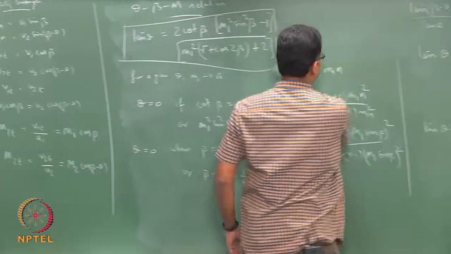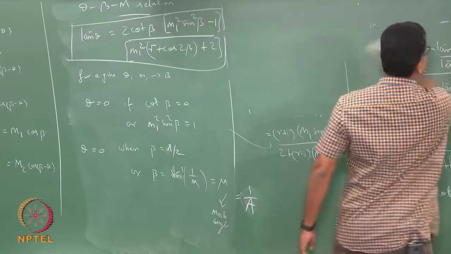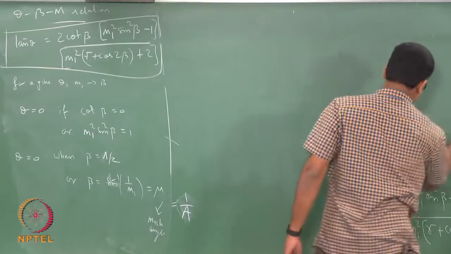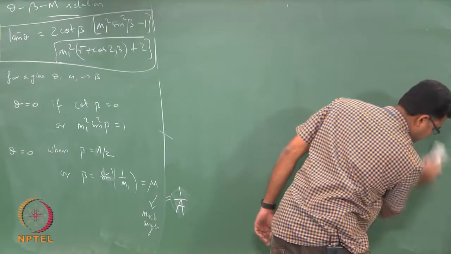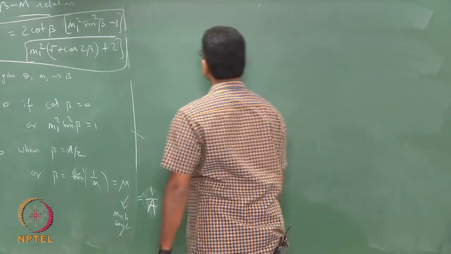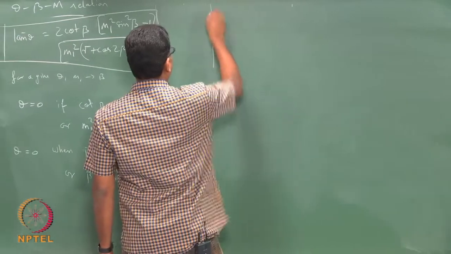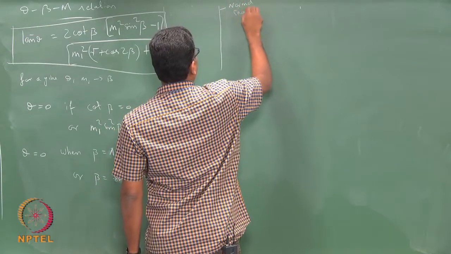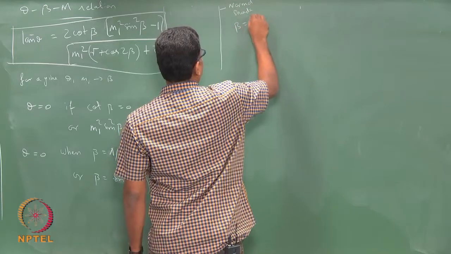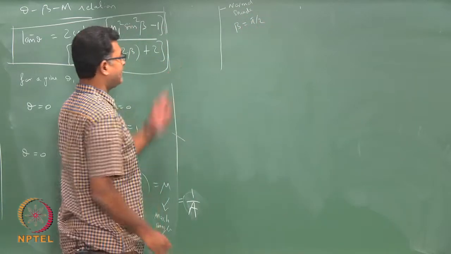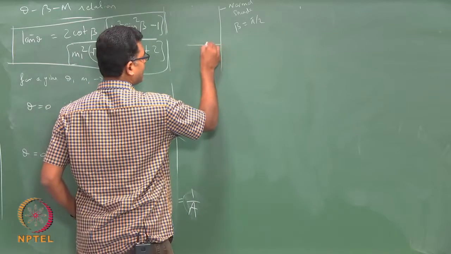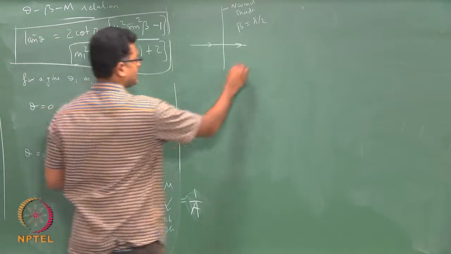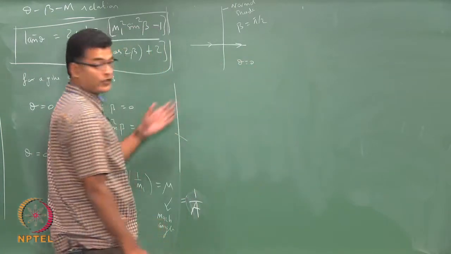which means if I have a normal shock, my beta equals pi by 2. So, when I have a normal shock, there is no deflection in my velocity component. So, theta is 0 in this case, okay, for a normal shock.